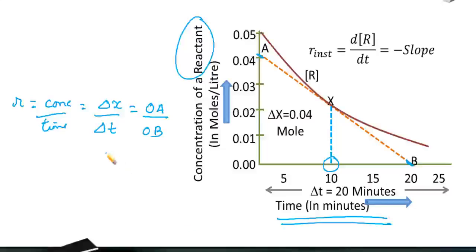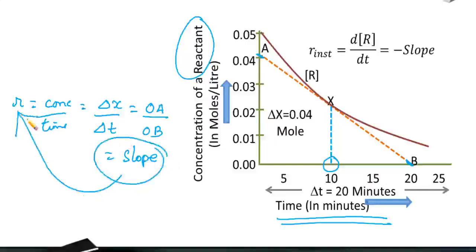And this is nothing but directly the slope of the tangent. So for instantaneous rate, the slope of the tangent drawn to the curve is directly equal to the rate of the reaction. So that is how we will measure the average rate and instantaneous rate.